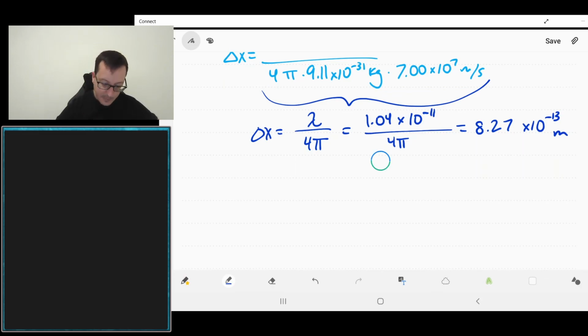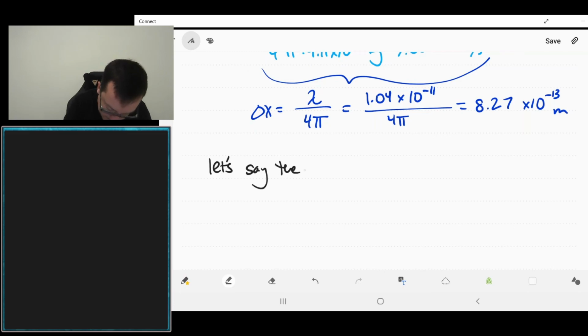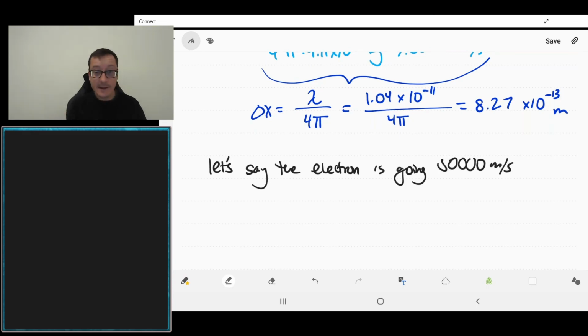So I'm going to use a slower velocity. Let's say we're going 50,000 meters per second instead. So we're going to slow this down.